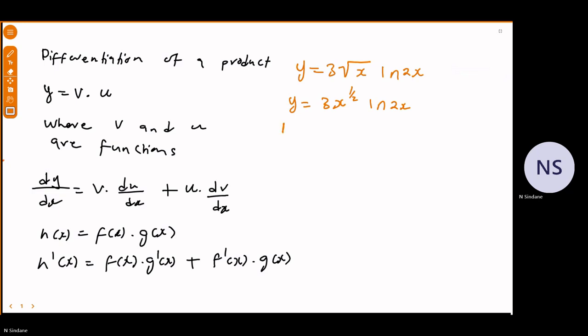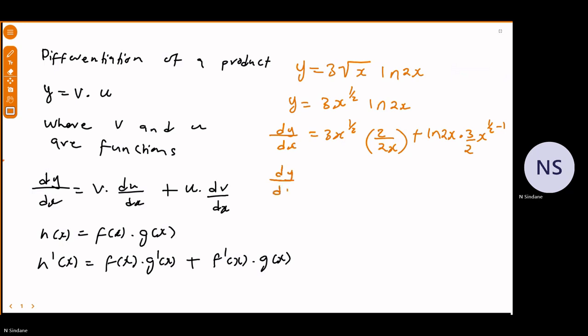This gives dy over dx is equal to: keep 3x to the half constant and differentiate ln. When I differentiate ln of 2x, I get 2 over 2x. Plus, I keep ln of 2x constant and differentiate 3x to the half, which gives 3 over 2 x to the power 1 over 2 minus 1.